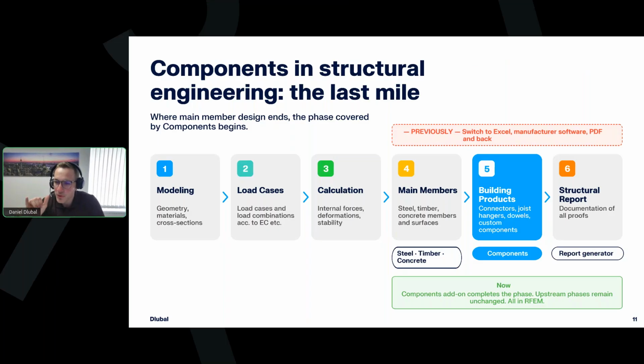And now there was always this gap, yeah. We switched to programs like Excel, to third-party solutions, did some, let's say, PDF comparison tables and so on. And now we fill this gap. We now have the add-on Components, which completes this phase, because right now you can do the design of these building products like connectors, joist hangers, dowels, custom components, and use them to generate a structural report in one global program.